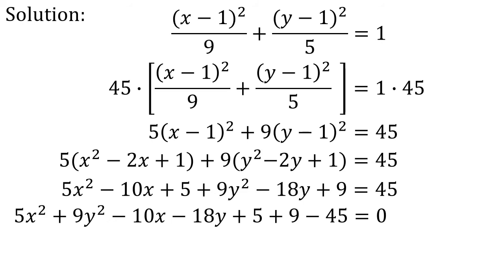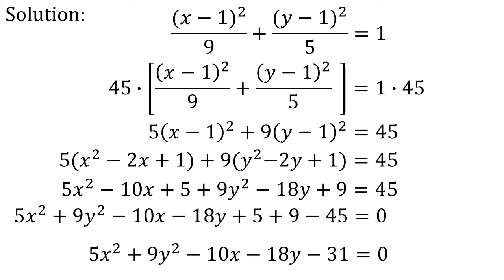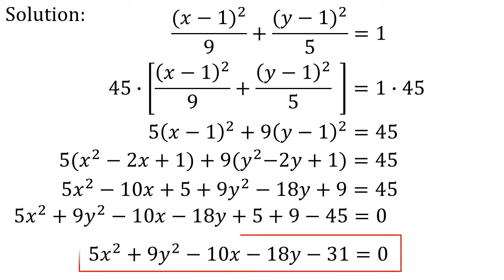Then 5x² + 9y² - 10x - 18y + 5 + 9 - 45 equals 0. So combine the like terms and write it in general form. Now we're going to have 5x² + 9y² - 10x - 18y - 31 equals 0. And this is the general form of the equation of the ellipse.